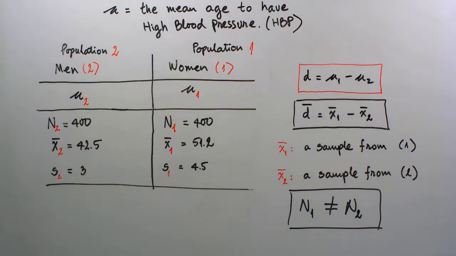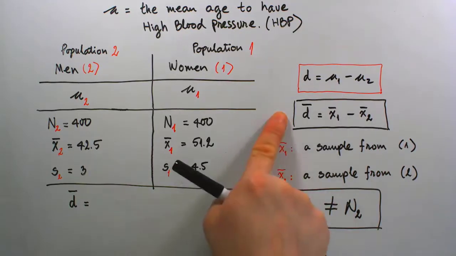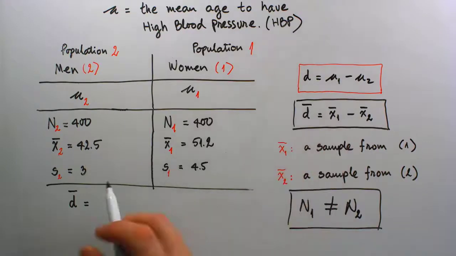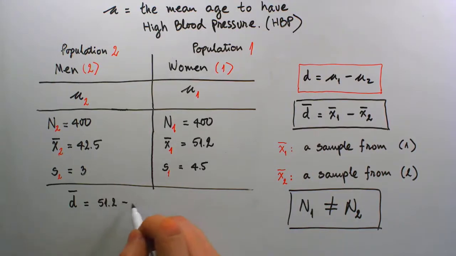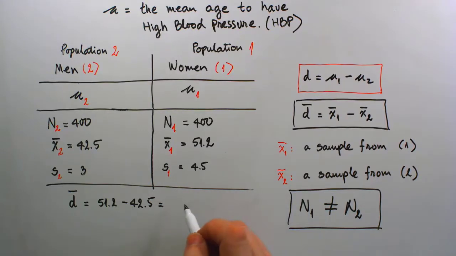And so, as a first consequence, opposite from part A, our d bar now will be calculated as, recall that we always need x bar 1 minus x bar 2. So here we're looking at 51.2 minus 42.5, and the answer comes out as a positive 8.7.